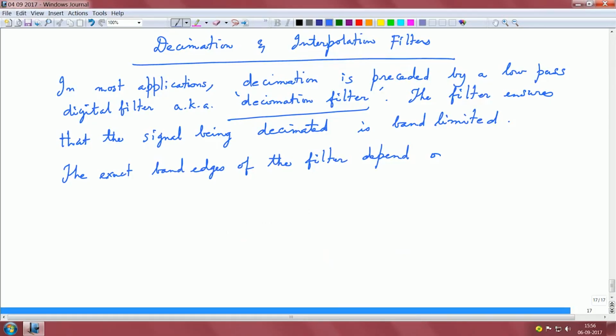And the exact band edges of the filter depend on how much aliasing is permitted. This is very, very important, because you may think, well, can I just filter first then downsample, or downsample first then filter, right.